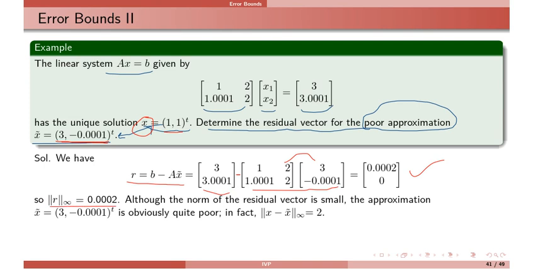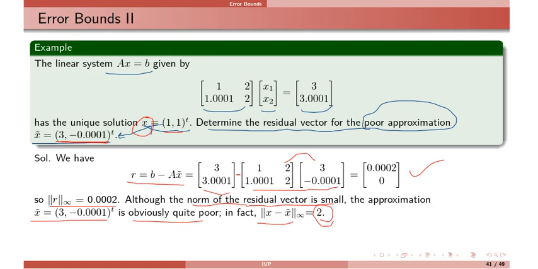So the norm of this residual vector is small, but the approximation x bar is very poor. In fact, if you subtract x minus x bar and then take the norm, 3 minus 1 will be 2. So 2 is quite a big number in terms of error.